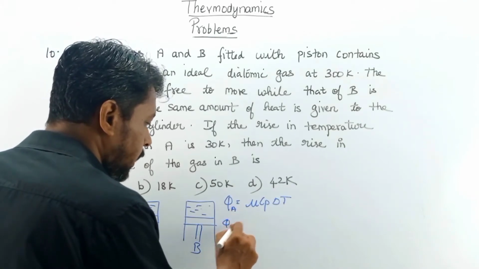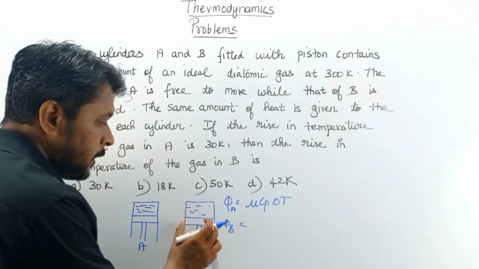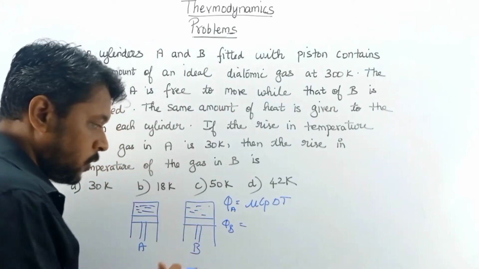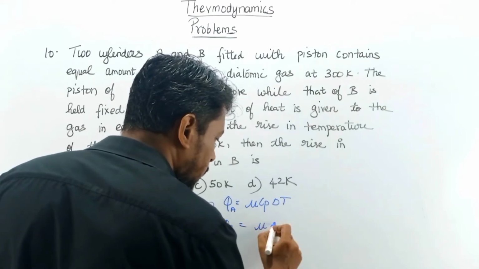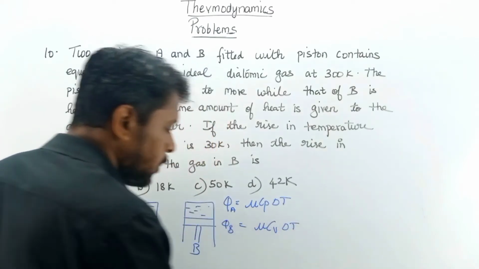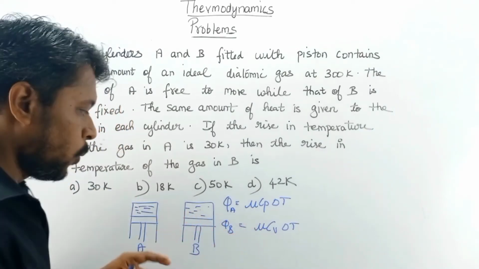In case of B, the piston is held fixed, so the heat is supplied at constant volume. When heat is supplied at constant volume, there is only a change in internal energy, and no work done at all.